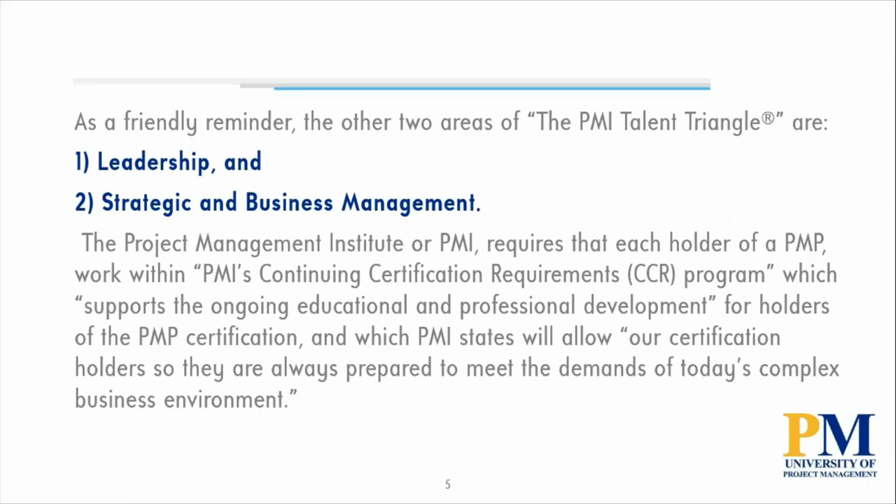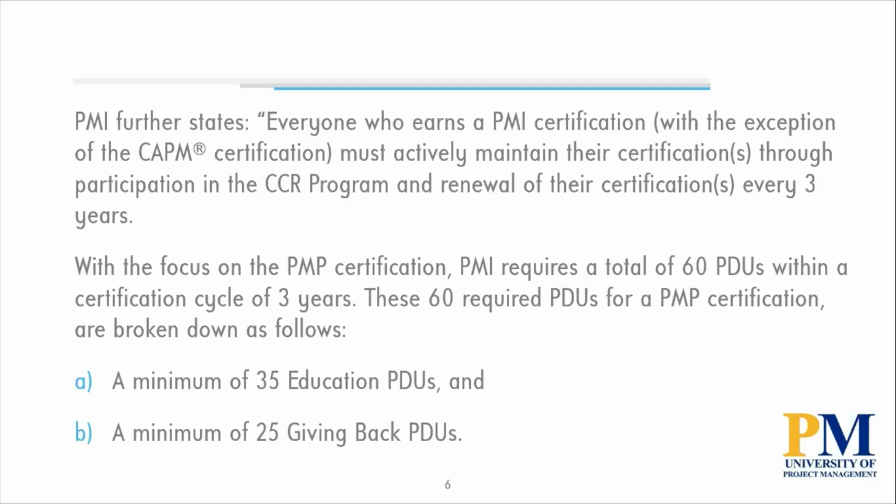PMI requires that each PMP credential holder get those 60 hours every 3 years. I just re-upped. Everybody who earns a PMI certification will do 60 PDUs with a minimum of 35 in the category of education and 25 in the category of giving back.